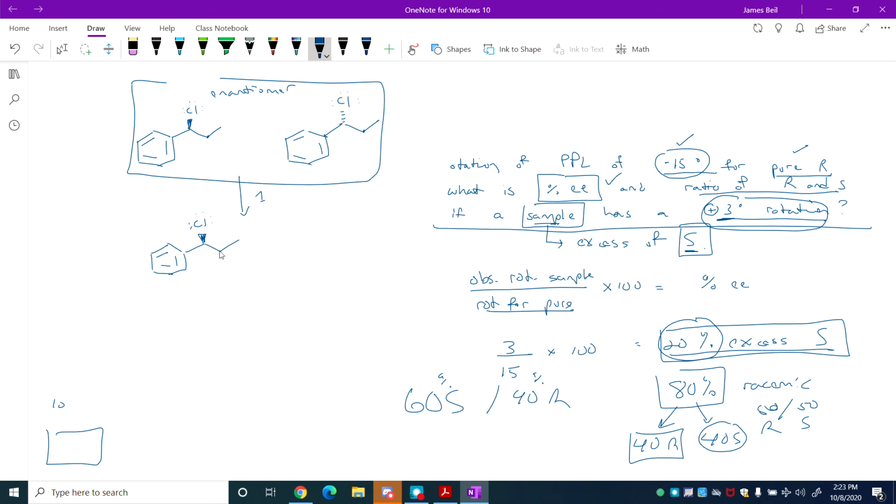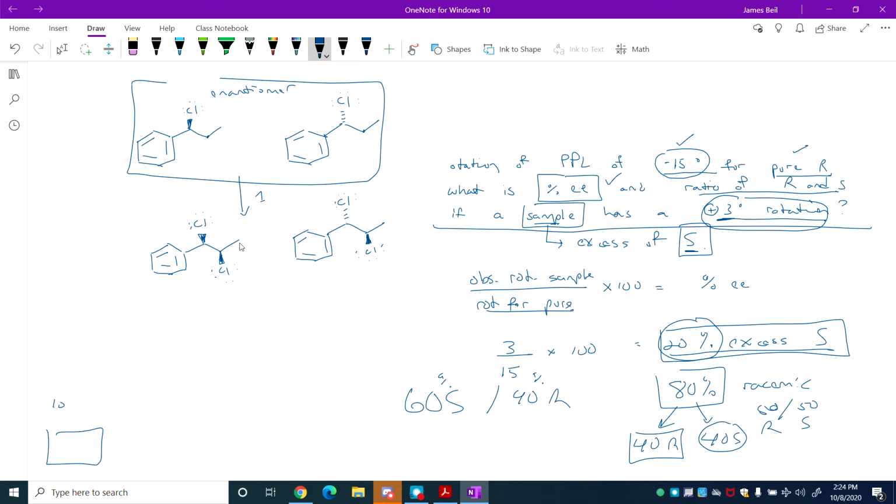Maybe here I'm able to add another chlorine. So we'll ignore how difficult that would be synthetically. But let's just say we did that in here and here. So I have to add the other chlorine in the same configuration on both structures.